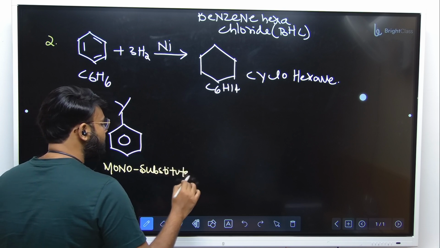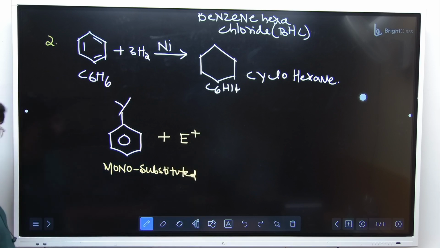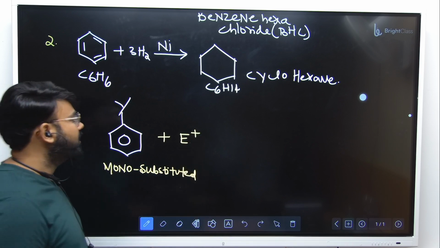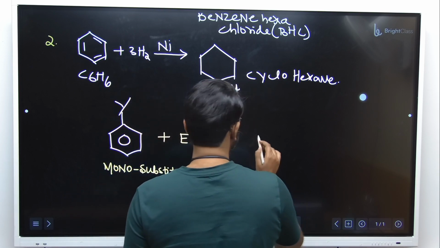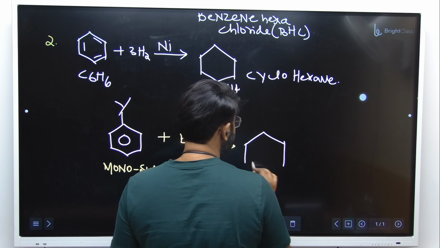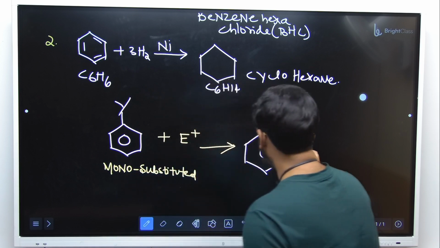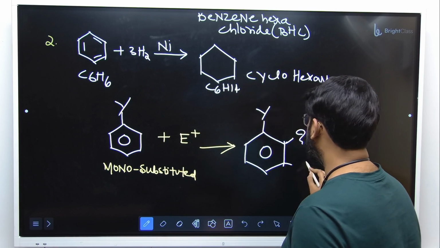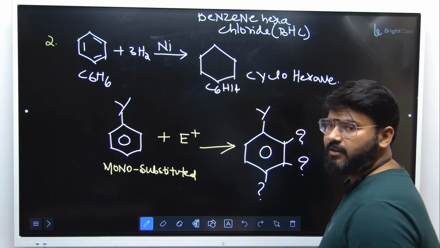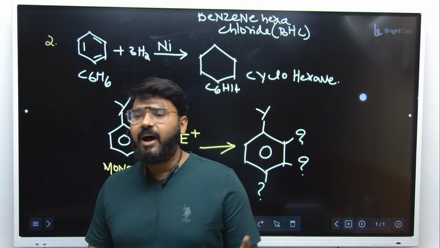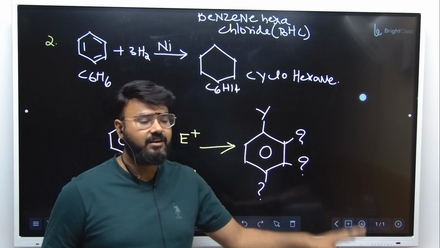Now, let's assume that I am adding an electrophile. This electrophile, when it is added, will have a freedom. It can go here, it can go here, it can go here also. The question is, how do we know the electrophile will go at which position?